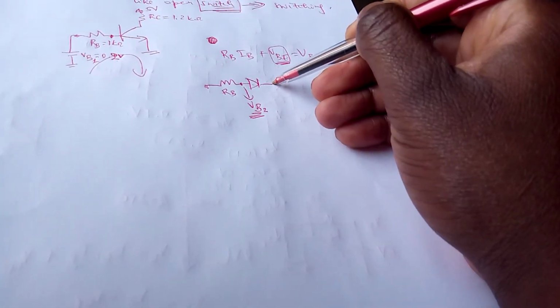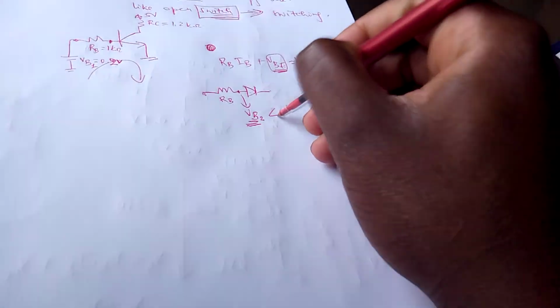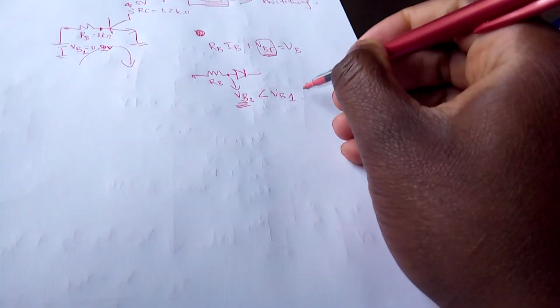I can call this VB1, and VB2, the voltage after the resistor and before the base of the transistor, will definitely be less than VB1, because some of that voltage will be consumed through RB. So it's going to be less than 0.2 volt.